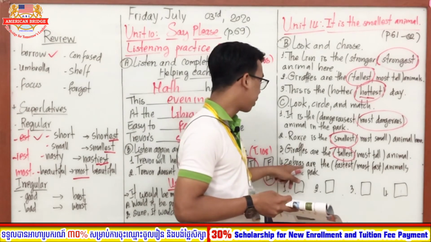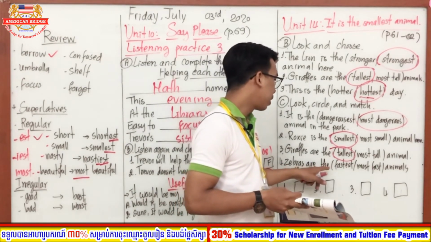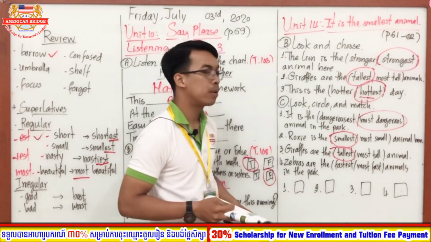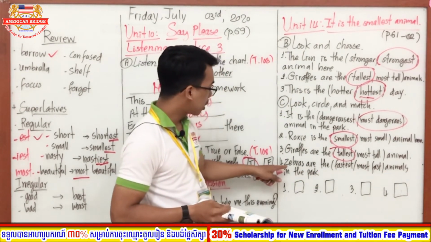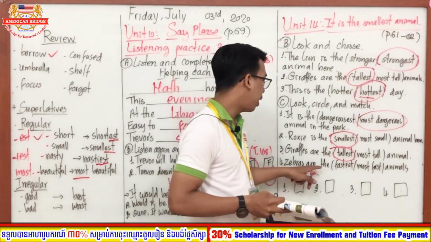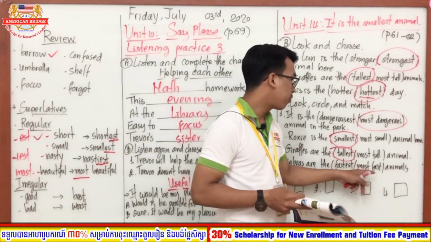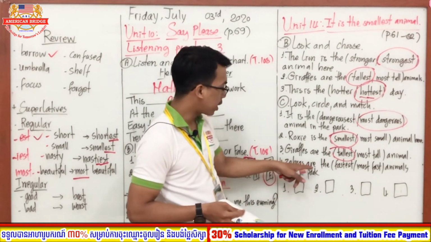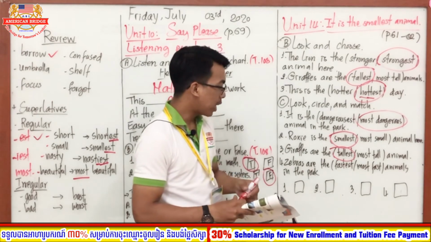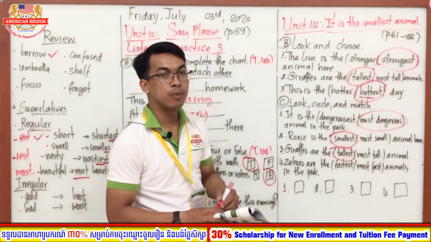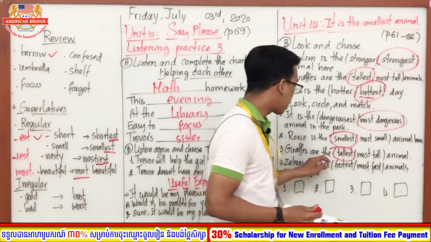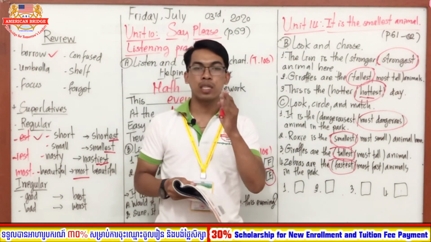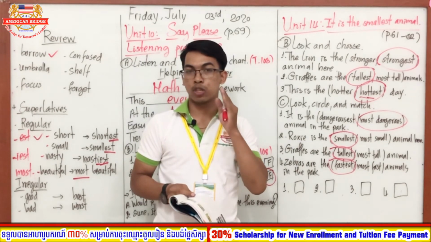Zebras are the fastest, most fast animals in the park. Again, zebras are the fastest, most fast animals in the park. So which one is the correct answer, everyone? Fastest or most fast? Very good. Fastest. Why? Because the word fast has only 1 syllable, or we can say it is a short adjective.